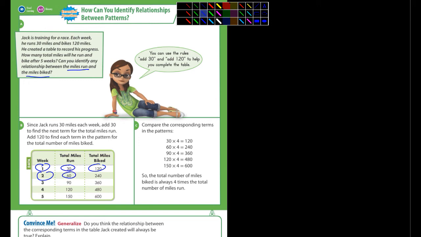Well, you just add 30 miles to it, really, which would be doubling it, essentially. And then 240. Okay, so you're adding another 120. And then week 3, you're adding another 30 miles, so that'd be 90. And then you're adding another 120, which would be 360. So you can see the pattern there, all right?